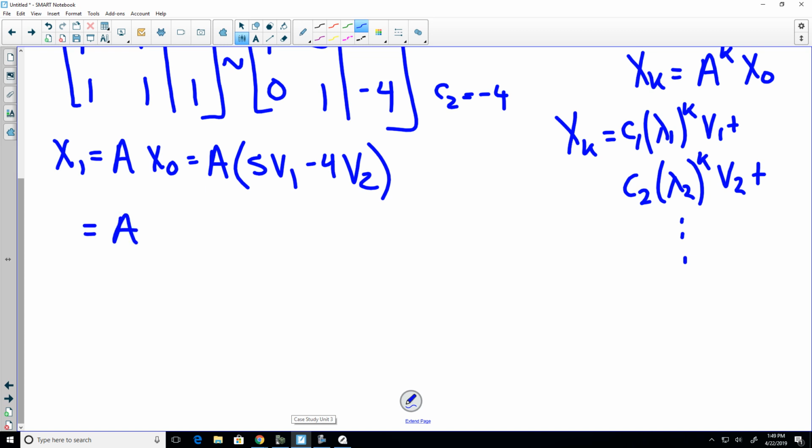So we can multiply A inside, and we can factor out these constants. So we get this.